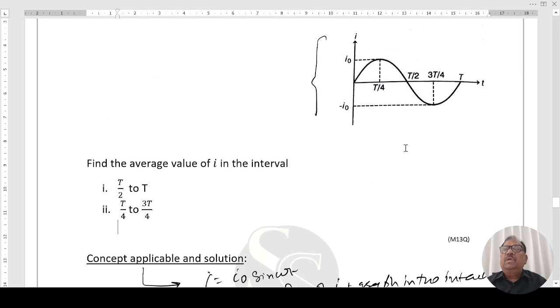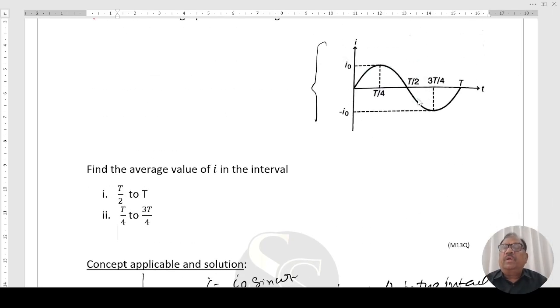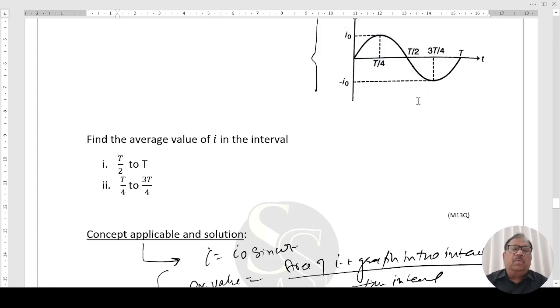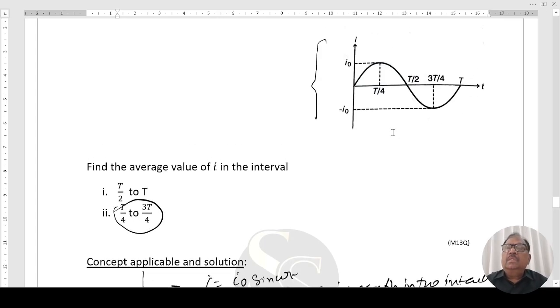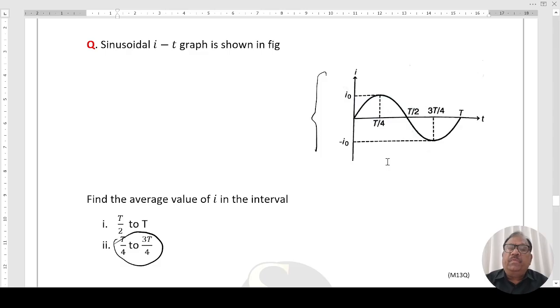For the complete cycle, the answer is 0. This was for the negative half cycle, so we find it out as minus 0.63 into I naught. Now, to find this one, we use the symmetry concept. We have to find the area of B part.